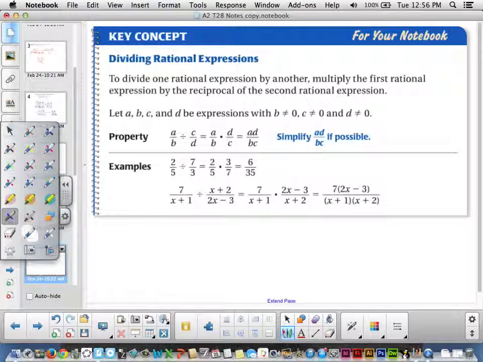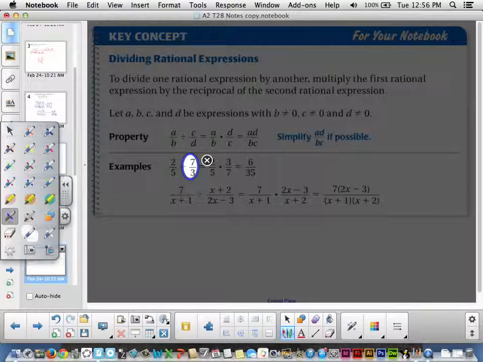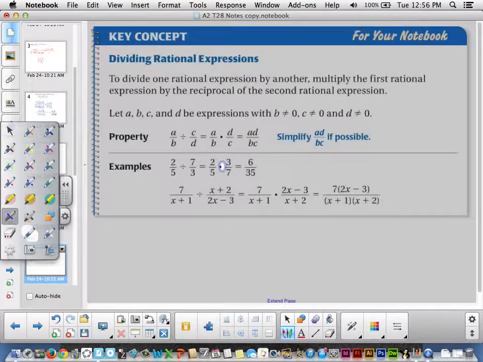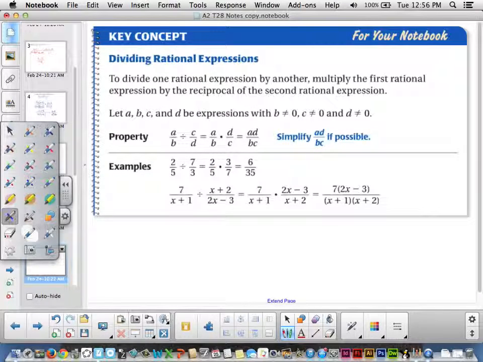And then it's just multiply across the top, a times d, across the bottom, b times c. Same thing here. Take that, flip it, and make it multiplication. And if it's a variable expression, take that and flip it and make it multiplication.